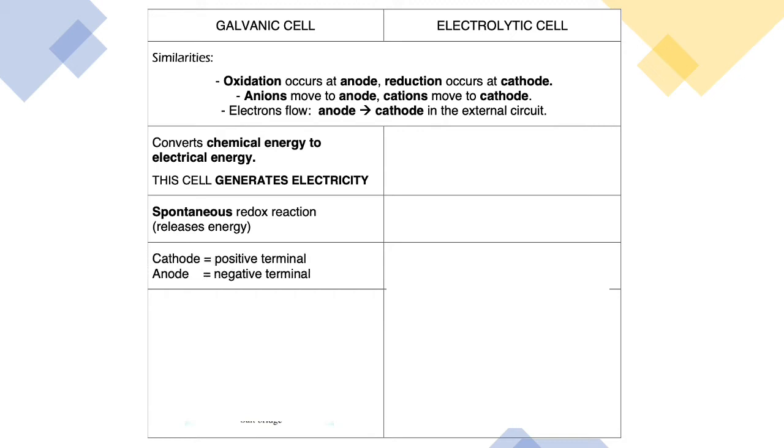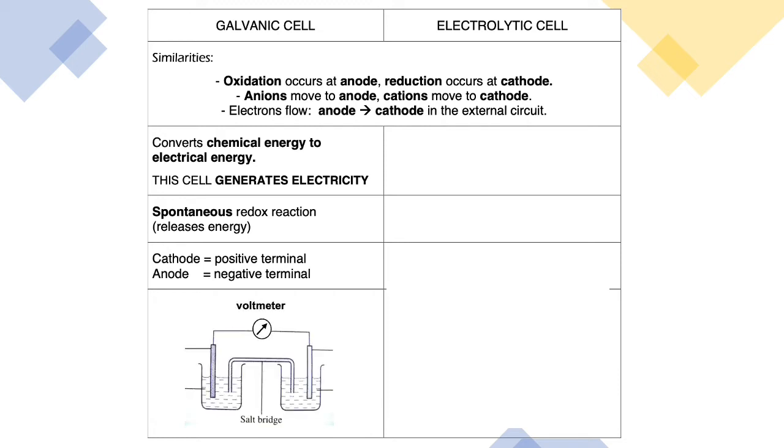For a galvanic cell, the anode is also known as the negative terminal, as the anode produces electrons, whereas the cathode is known as the positive terminal. This is the illustration for the galvanic cell.